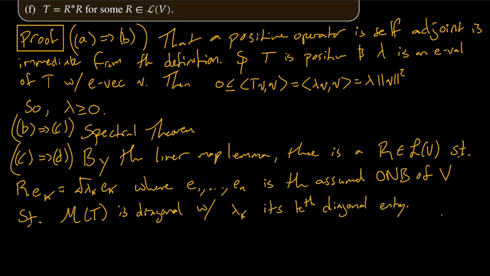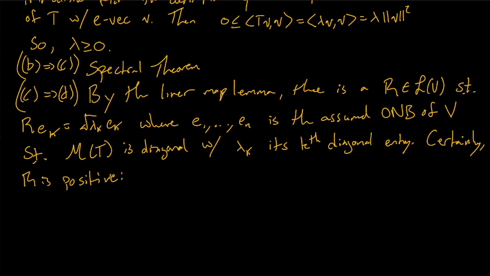Now, certainly, R is positive, I claim. Why? Well, let's just show it. Take the inner product of R(e_k) with e_k. What am I going to get?